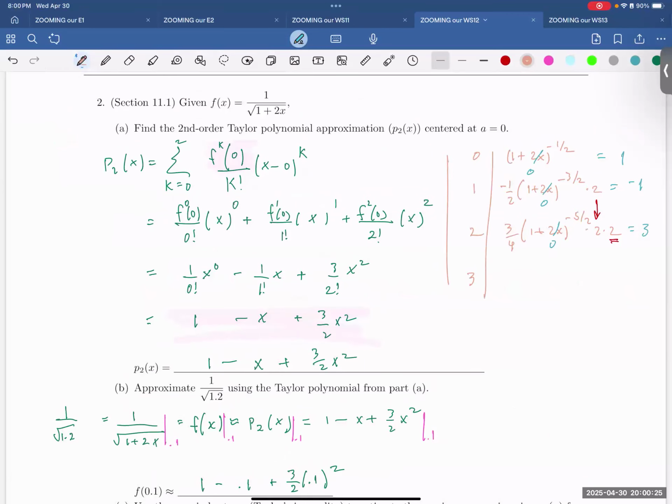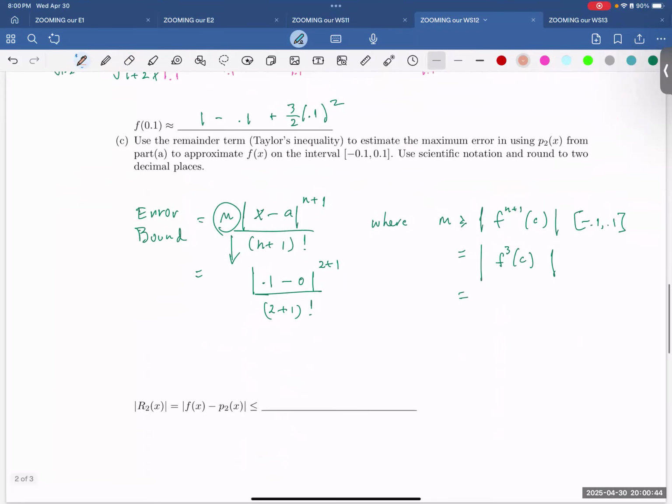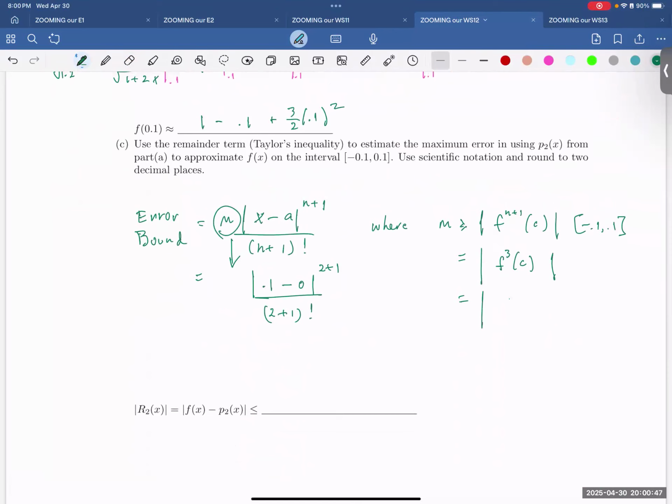And the third derivative, go back up here, would be negative 15 eighths times 1 plus 2x to the negative 7 halves times 2 cubed. And then let's put that down here. So we have negative 15 eighths, 1 plus 2x, negative 7 halves, 2 cubed.